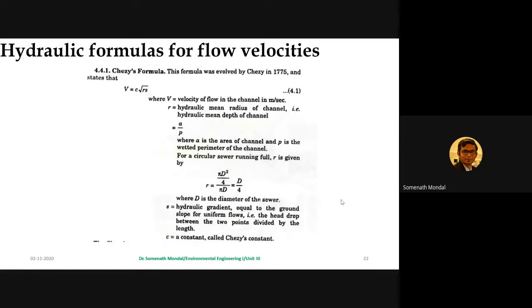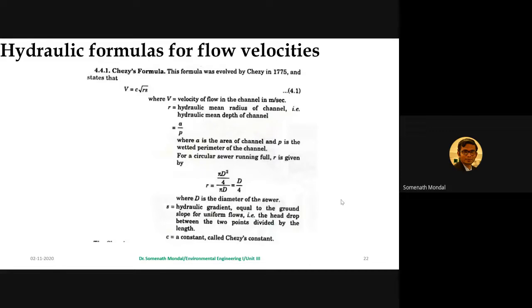Likewise, for different sections and different flowing conditions, whether it is running full, running half, or partially, one third, accordingly the value of small r gets changed. All of you, I guess, can remember that. Accordingly, we'll get the relation, and S is basically the hydraulic gradient, which is equal to the ground slope for uniform flows.